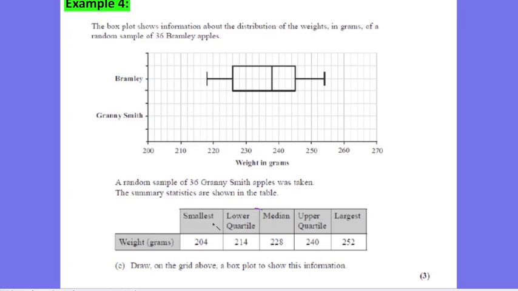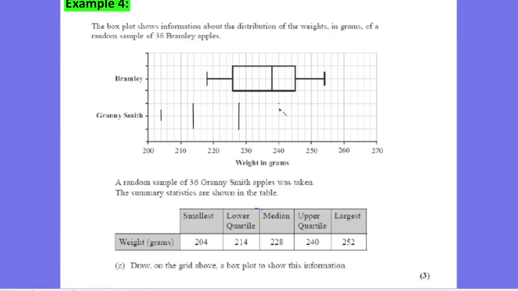So our smallest value is at 204. Smallest value at 204, that will be 202, 204 will be here. So a horizontal line, it doesn't go the full way, it's a smaller line. The lower quartile at 214, this will take up the length of 2 boxes, as it has done here. The median, 228, will be a line here.